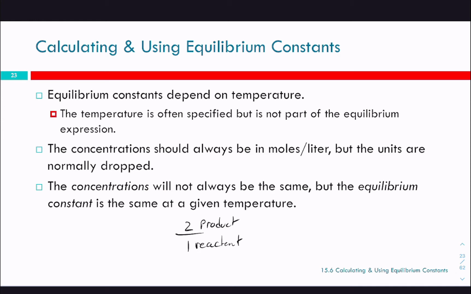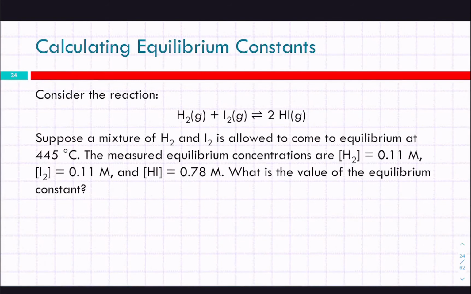We can get the same ratio of 2 to 1 with 4 to 2, product to reactant, or 3 to 1.5. When you divide 2 by 1, you get 2. When you divide 4 by 2, you get 2. You divide 3 by 1.5, you still get 2. So the ratio between them is always the same. They might be different numbers for the actual concentrations.